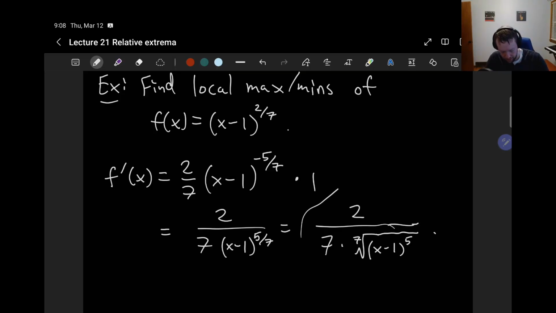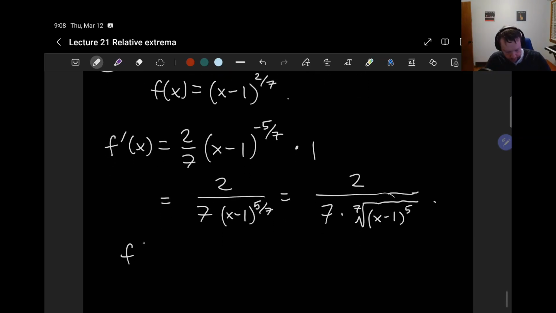So will this thing ever be 0? And the answer is no, because the numerator will never be 0. And whenever you have a fraction like this, all that matters is whether the numerator is 0. That's what makes the whole thing 0.